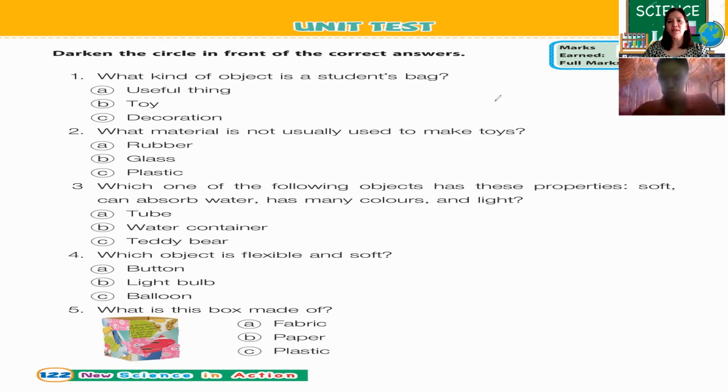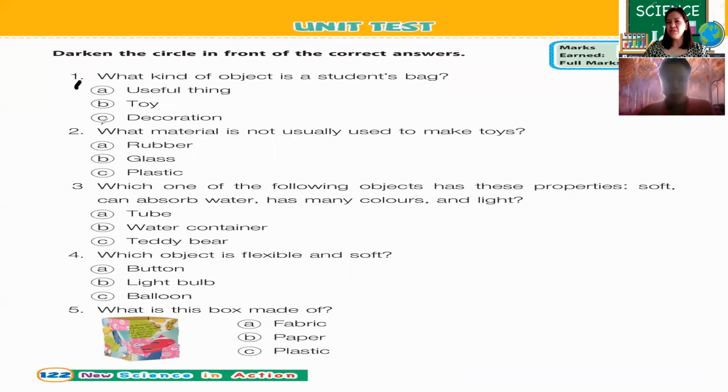Example, we will give an example here. Number 1, what kind of object is a student's bag? A, useful things. B, toy. Or C, decoration. What do you think?